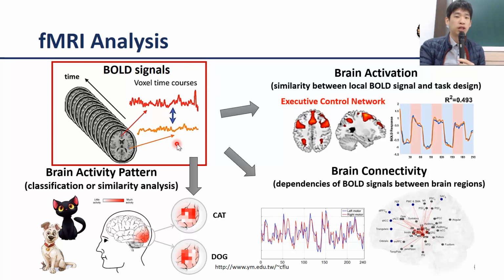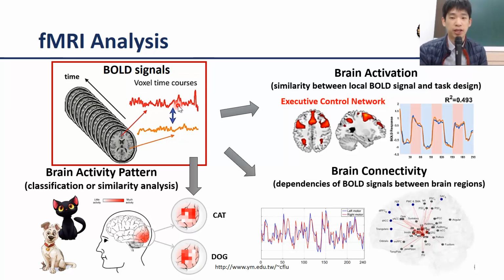This week, we'd like to go into more detail about the experimental design. As you can see right here, not only would you like to record the BOLD signal, we are more intending to have the BOLD signal activated in the way that we anticipated.